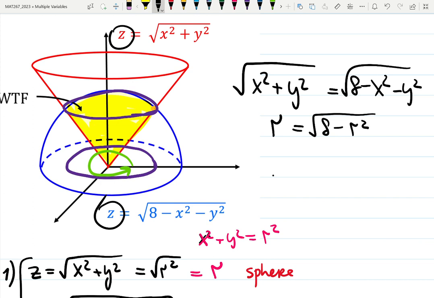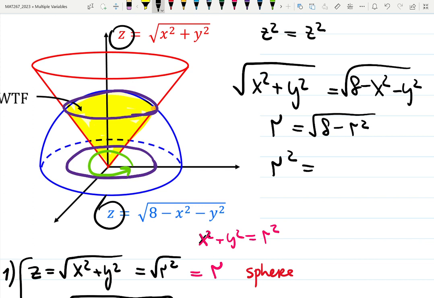Yes? Could you factor out the square root directly before you solve for r, so then it's just like r squared and then 8 minus r squared? It'd be the same thing either way. If you square both sides before. Ah, yeah, might work too. Oh, I know what you mean. So it's z squared equals z squared.